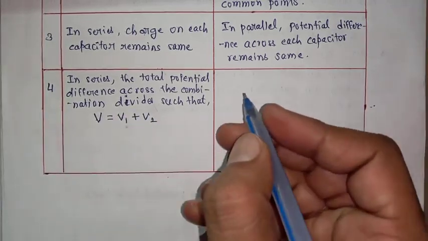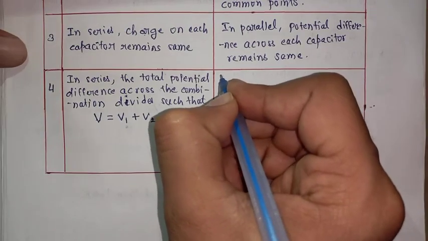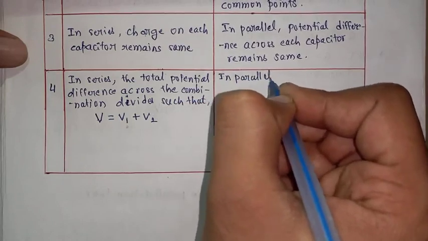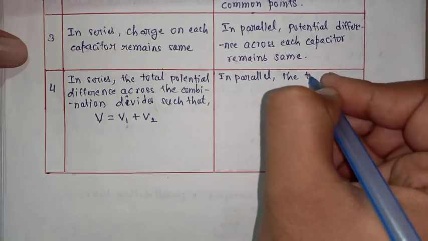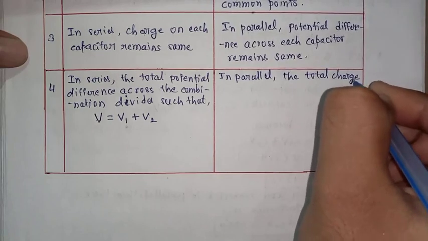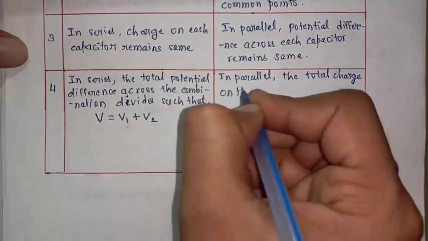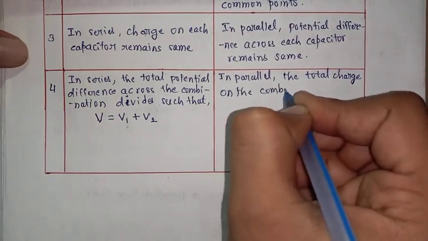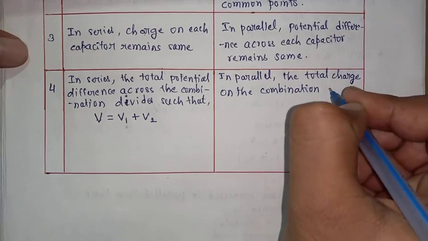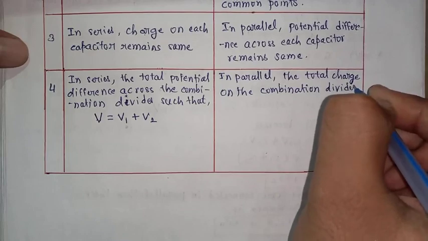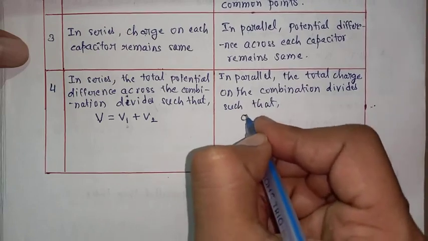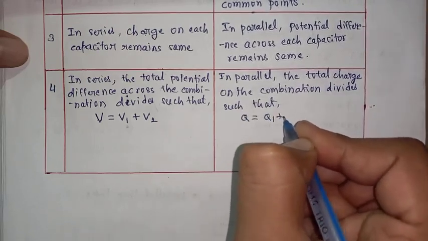Okay, so here in case of the parallel combination, the total charge on the combination divides such that Q is equal to Q1 plus Q2.